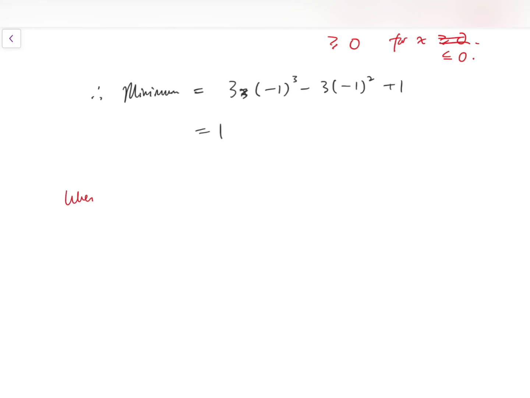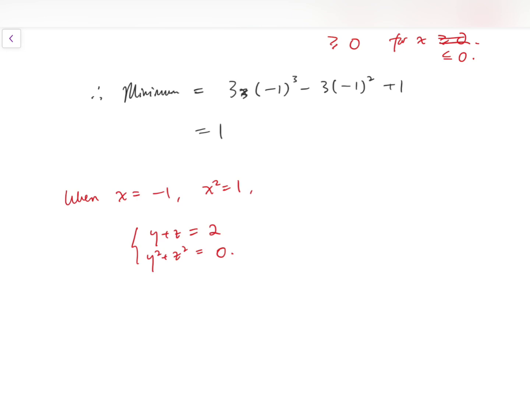When x equals minus 1, then x squared equals 1. So we have y plus z equal to 2, and y squared plus z squared equals 0. But this is obviously a wrong system, as in it has no solution.